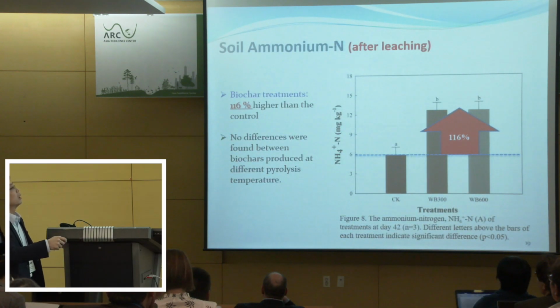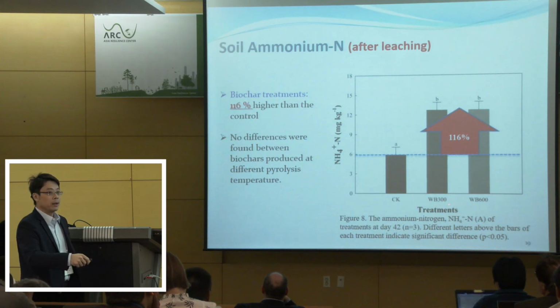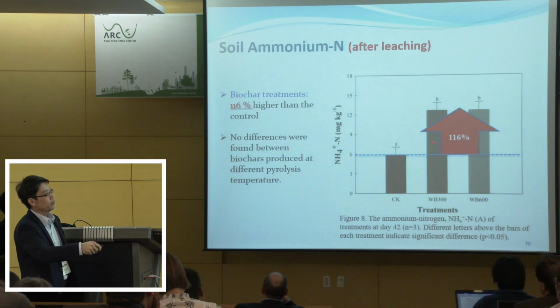For the ammonium nitrogen after leaching, the biochar amended soil can increase ammonium nitrogen by about 100% for these treatments, but there's no difference between the two kinds of biochar.